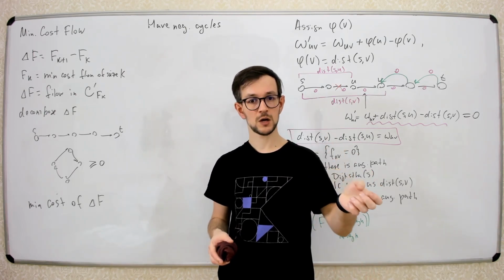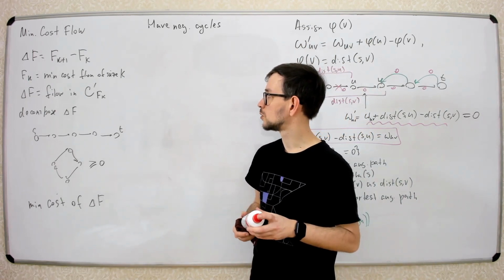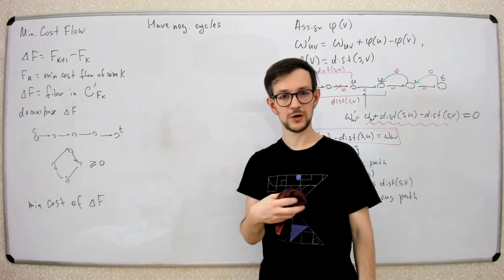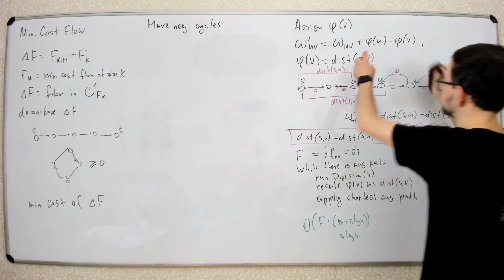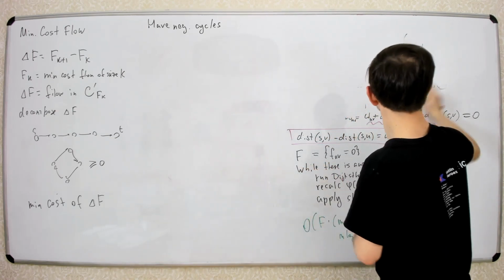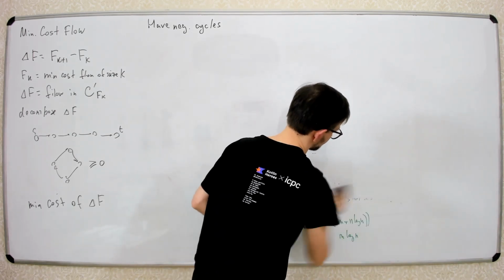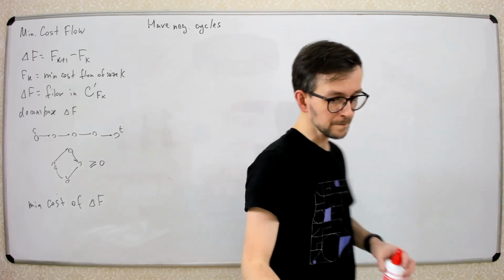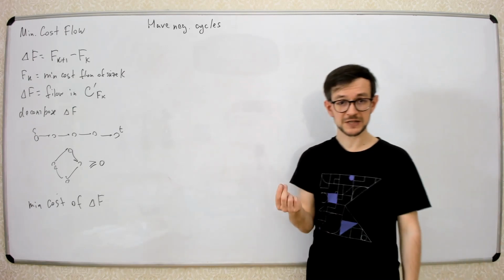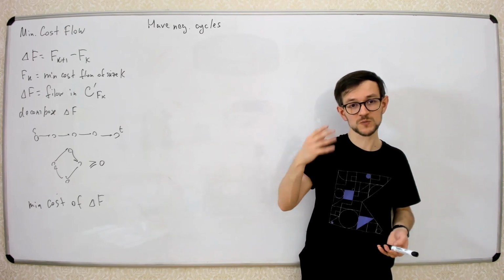But what happens in the minimal cost flow? Is it even solvable? Can we use this negative cycle to make the total cost of our flow minus infinity? Yes, the difference is that the capacities are limited, so we cannot make the cost of our flow minus infinity.